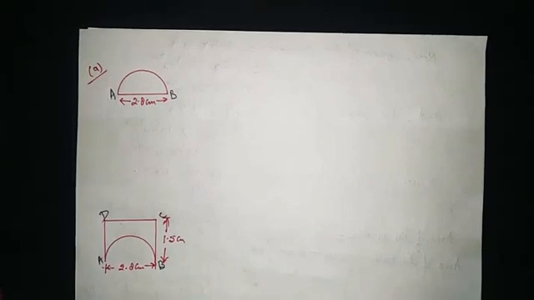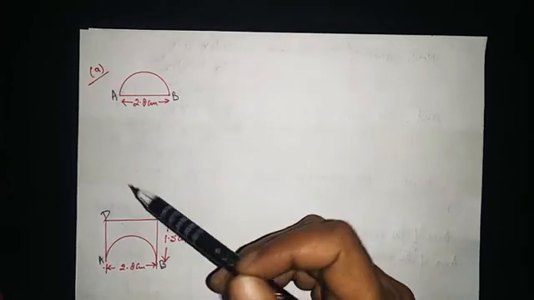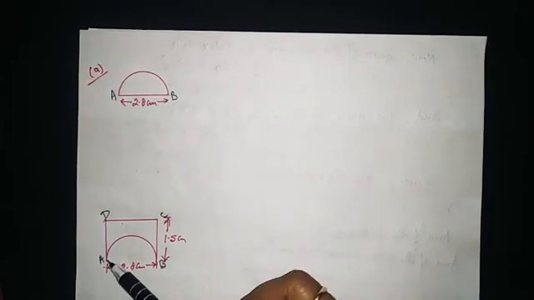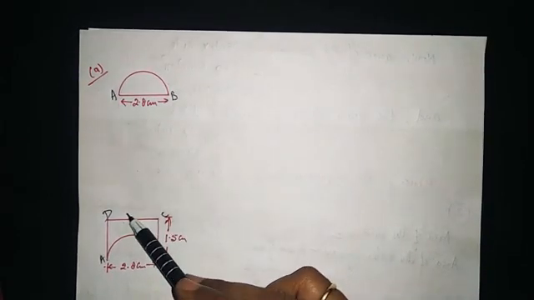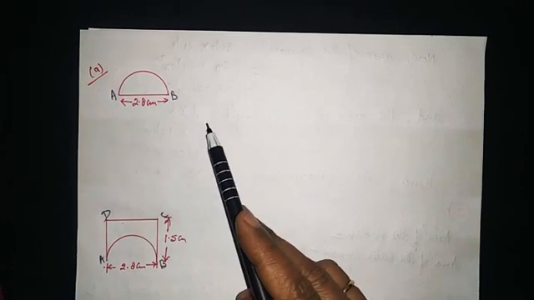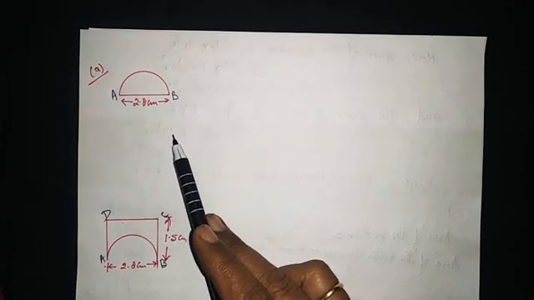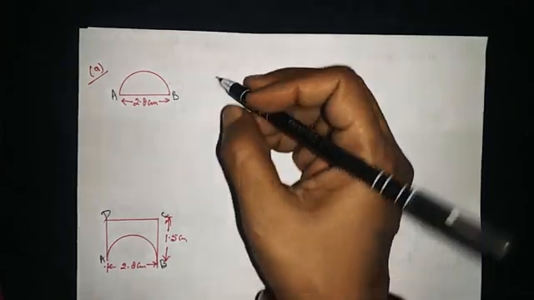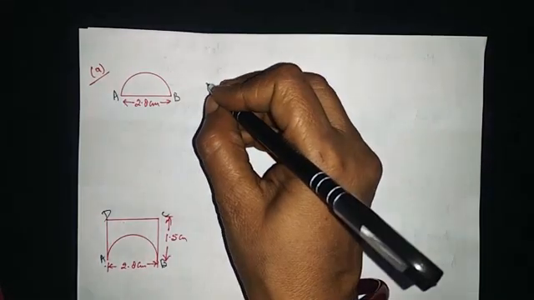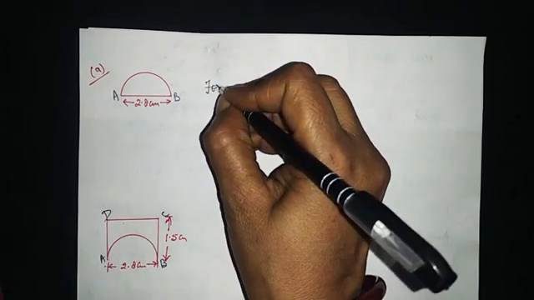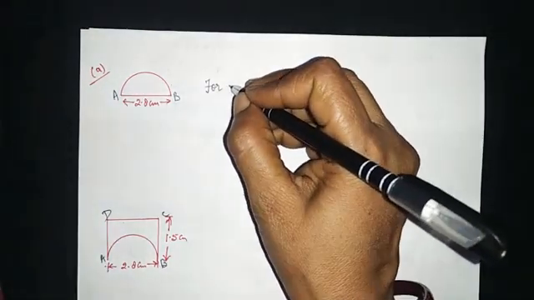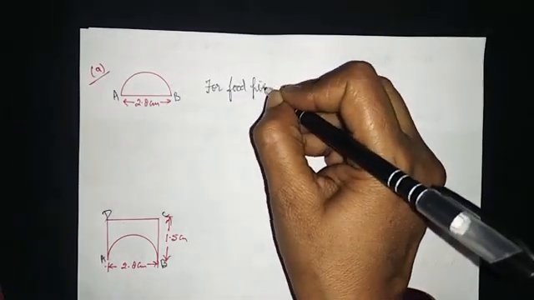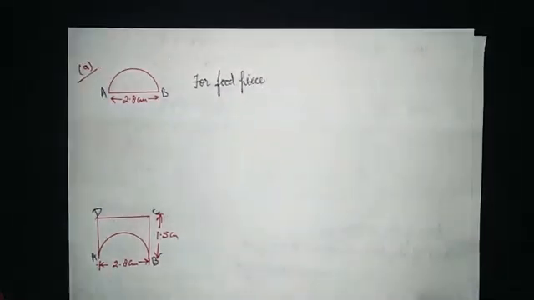Here students, to solve this question we will mark some points. Here you can see I have marked A, B, C and D. So for the first food piece A, we will calculate the distance.